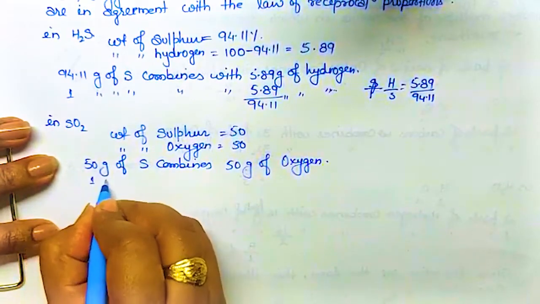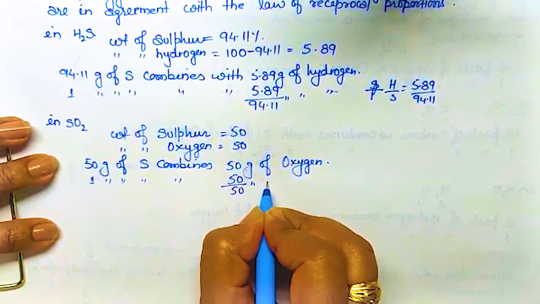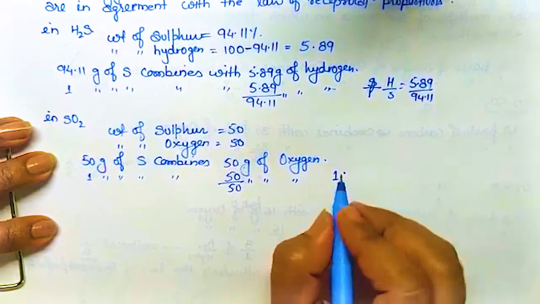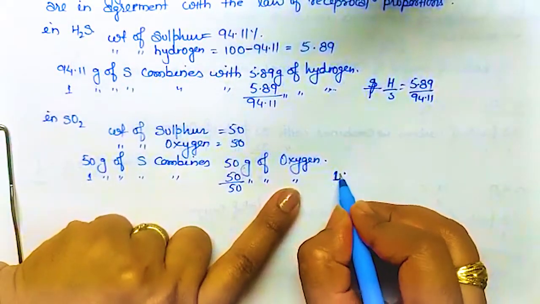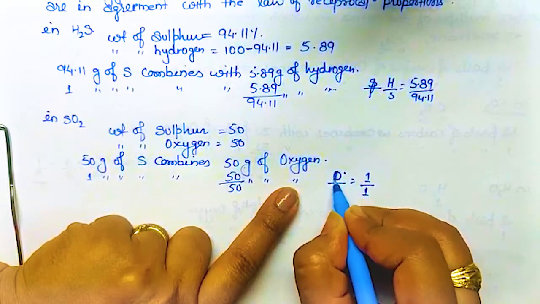So if it is 1 gram, then it will be 50 upon 50. That means 1. So you can write the ratio of oxygen and sulfur is 1:1, isn't it?